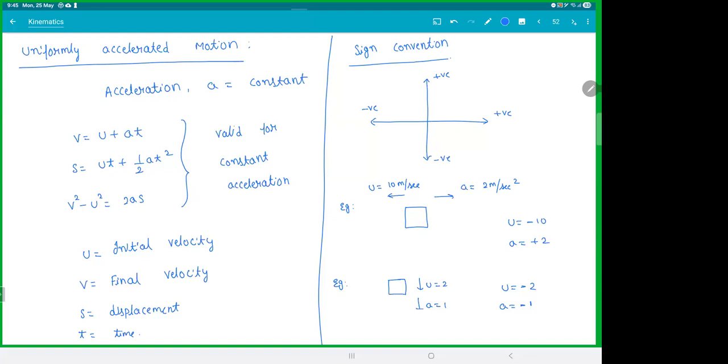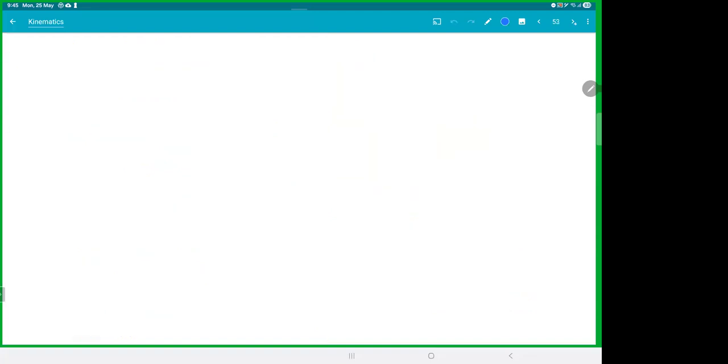That's it. So the three equations. So let's see if you have questions on this. Let's start off with something straightforward. So at t is 0, the particle has a speed u is equal to 2 meters per second.